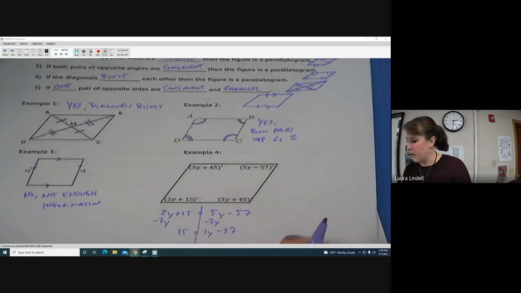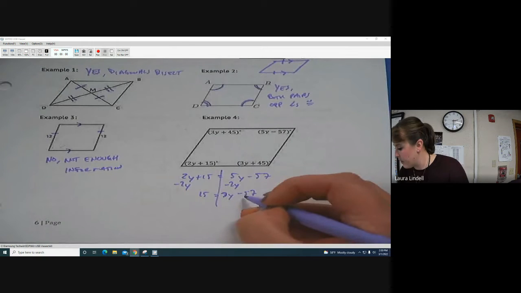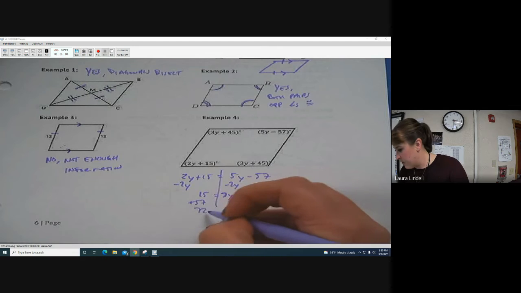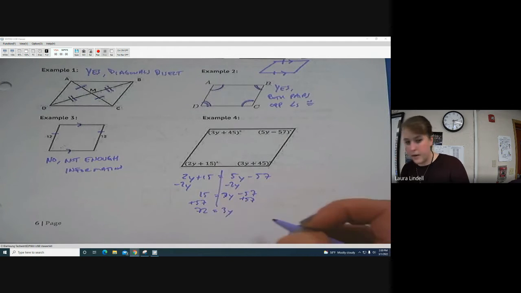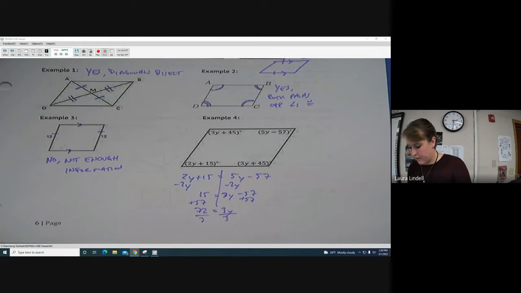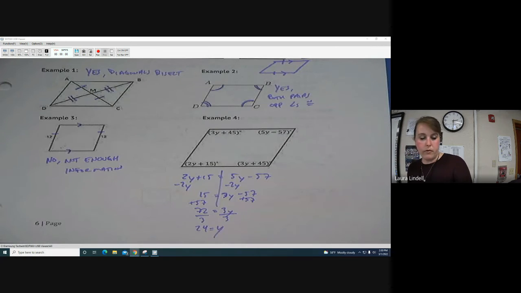And then, oops, can't quite see it anymore. Plus 57 on both sides. So we get 72 over here equals 3y. Divide by 3 on both sides. And we should get 24 for y. All right.